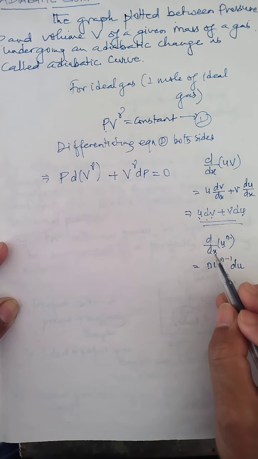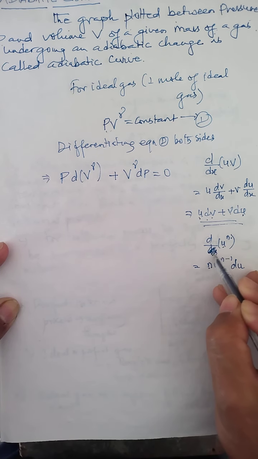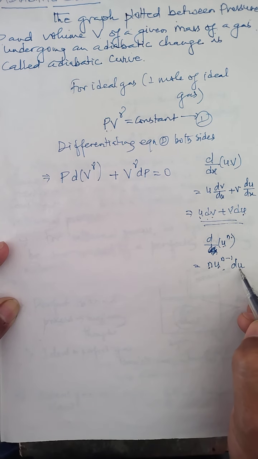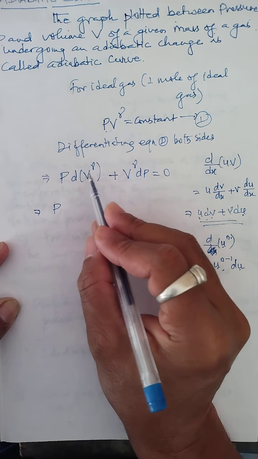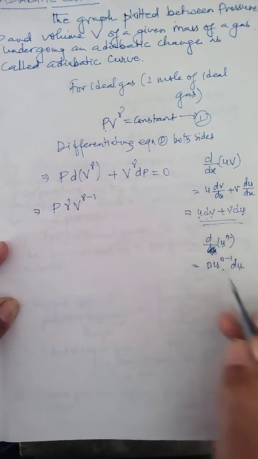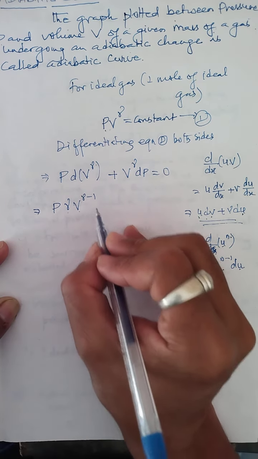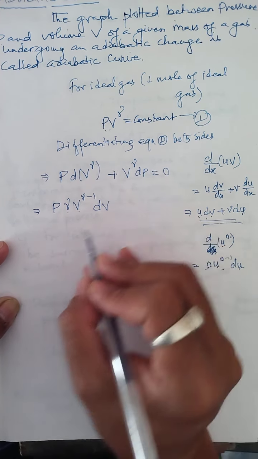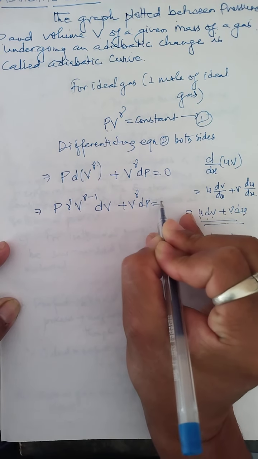So it will be n U to the power n minus 1 dU. I exactly follow the same: for V to the power gamma, I write gamma V to the power gamma minus 1, with variable dV, plus V to the power gamma dP equals 0.